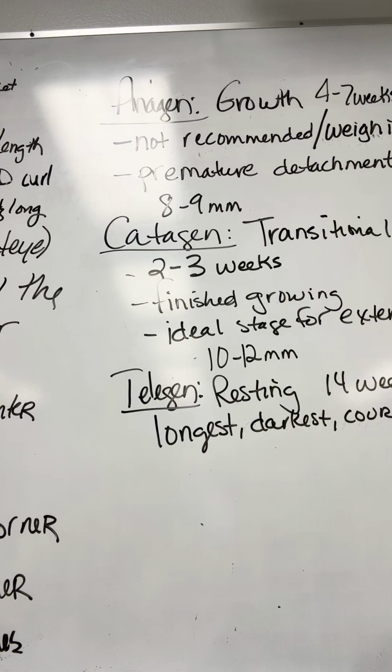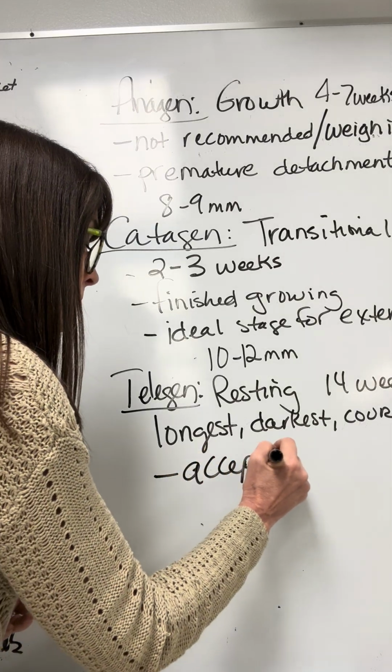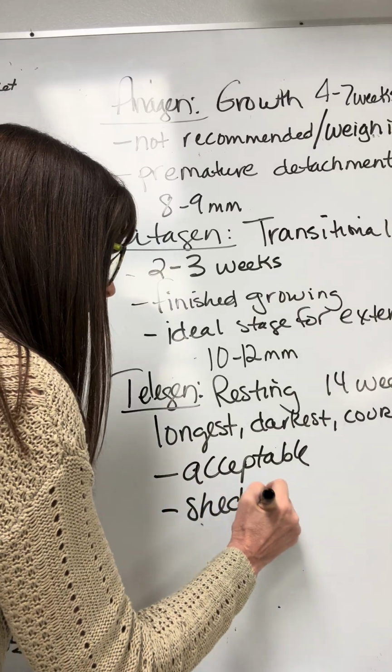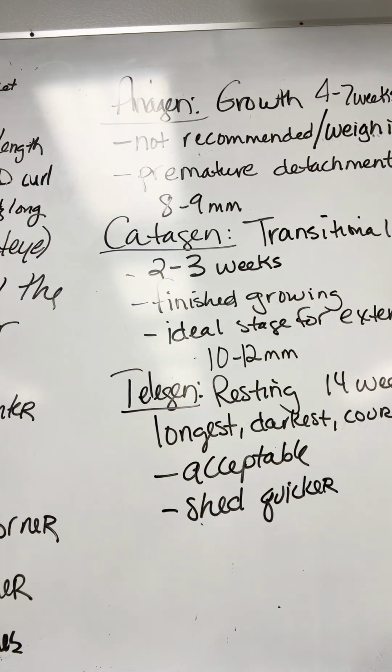So this is acceptable, although they're going to shed quicker. And they say 12 to 14 in length are recommended.